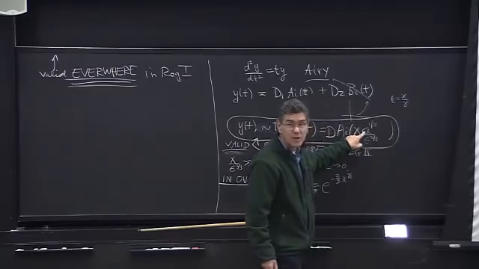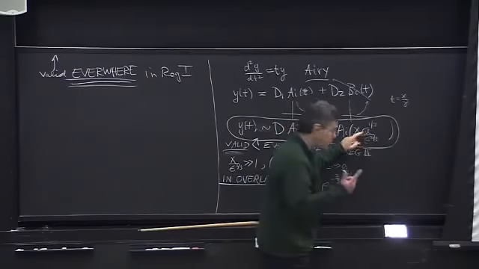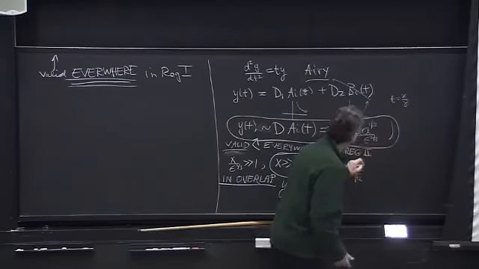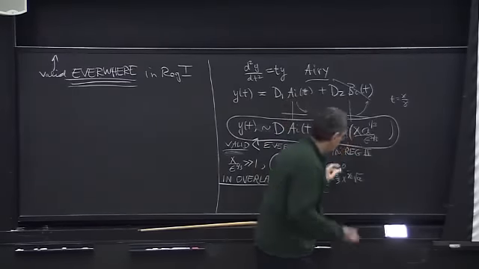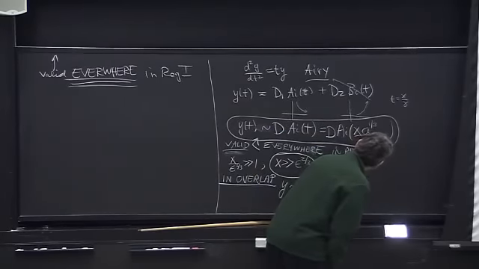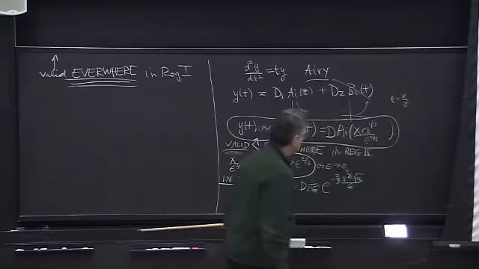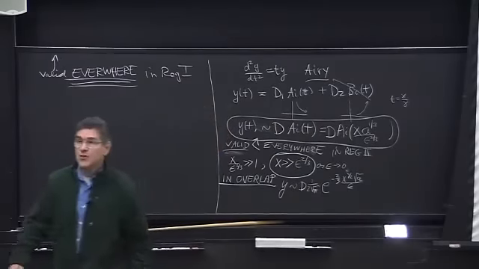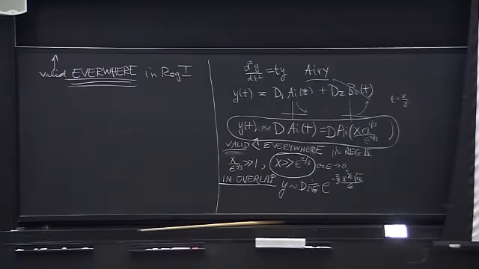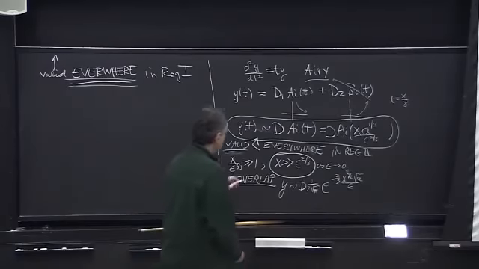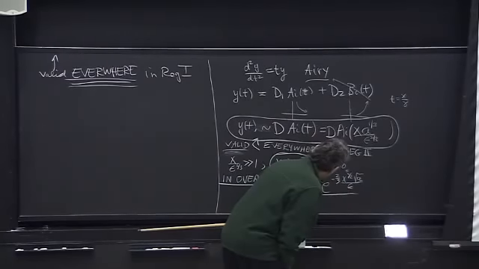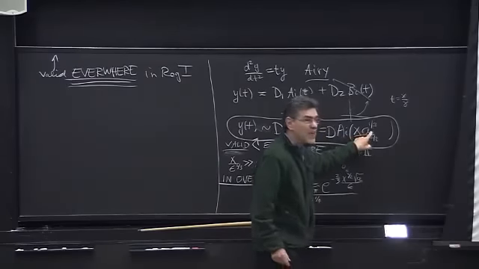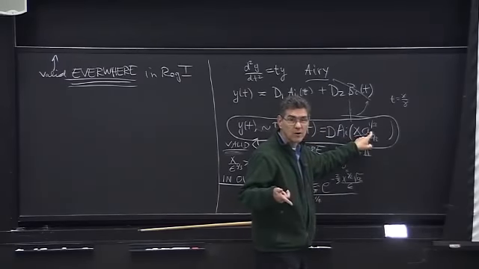What's a to the 3/2? Square root of a. What's epsilon to the 2/3 to the 3/2? Epsilon. Okay, and then it's divided by the argument to the 1/4 power. And what is the argument to the 1/4 power? It would be x to the 1/4. What's a to the 1/3 to the 1/4?